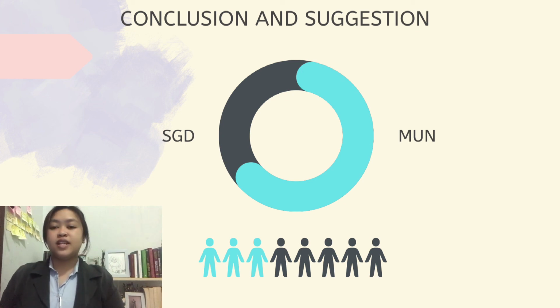And next is conclusion and suggestions. The findings and discussions result in some conclusions: students categorized into a high level possess better speaking achievement than those categorized into a low level. And MUN is one of the trends in education currently and massively being introduced, adjusted, modified, and implemented as a teaching learning alternative.